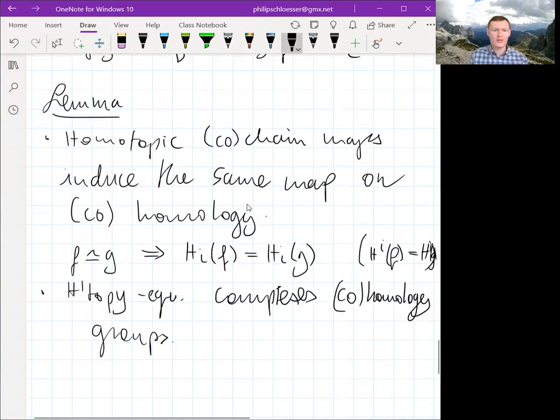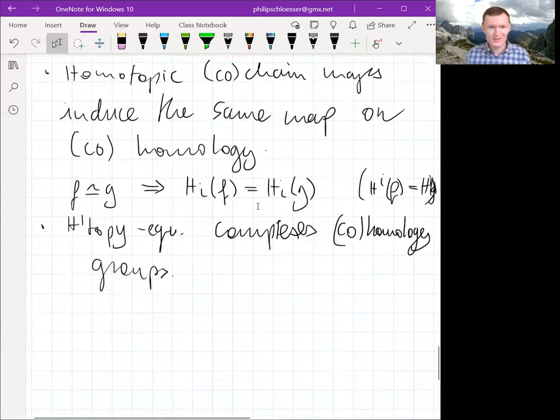Just because the H_i are a functor, so when you have a map from C to D and from D to C, you have maps from H_i C to H_i D and back. But then the composition is just H_i of one composition or of the other composition, where those things are homotopic to the identity.